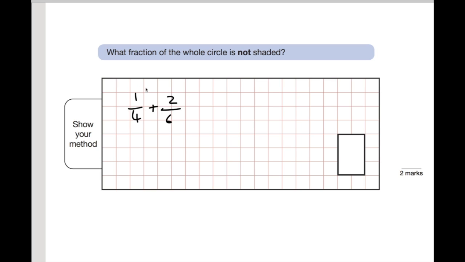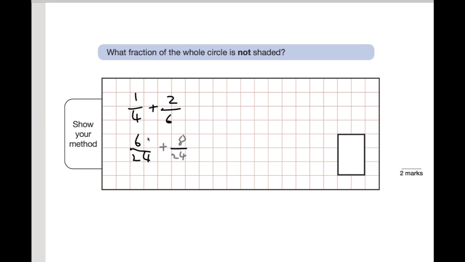We could multiply this by 6 and multiply this by 4, both the top and bottom, so I'll do that. 1/4 multiplied by 6, both top and bottom, is 6, because 6 times 1 is 6, and then 6 times 4 is 24, plus, now this time we're going to multiply by 4, so that we end up with 24s at the bottom. 2 times 4 is 8, 6 times 4 is 24.